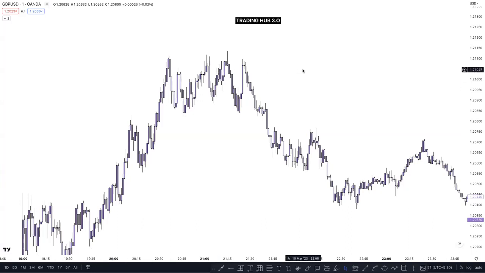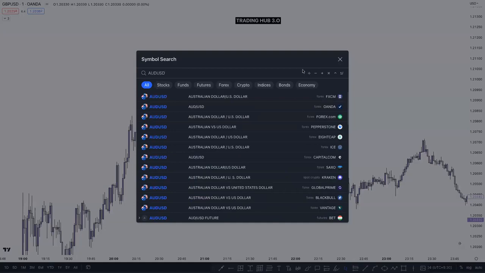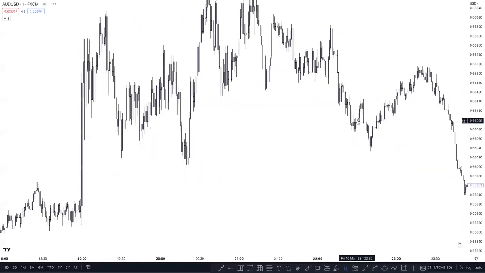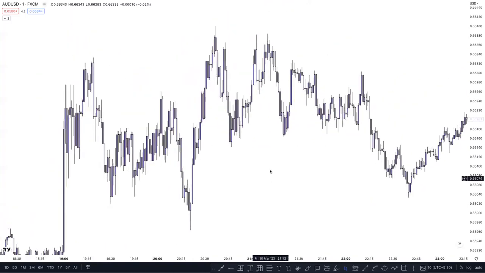Okay, so for example, you can take any currency pair. I'm taking Aussie USD because I have finished the complete course content on Aussie USD, right?